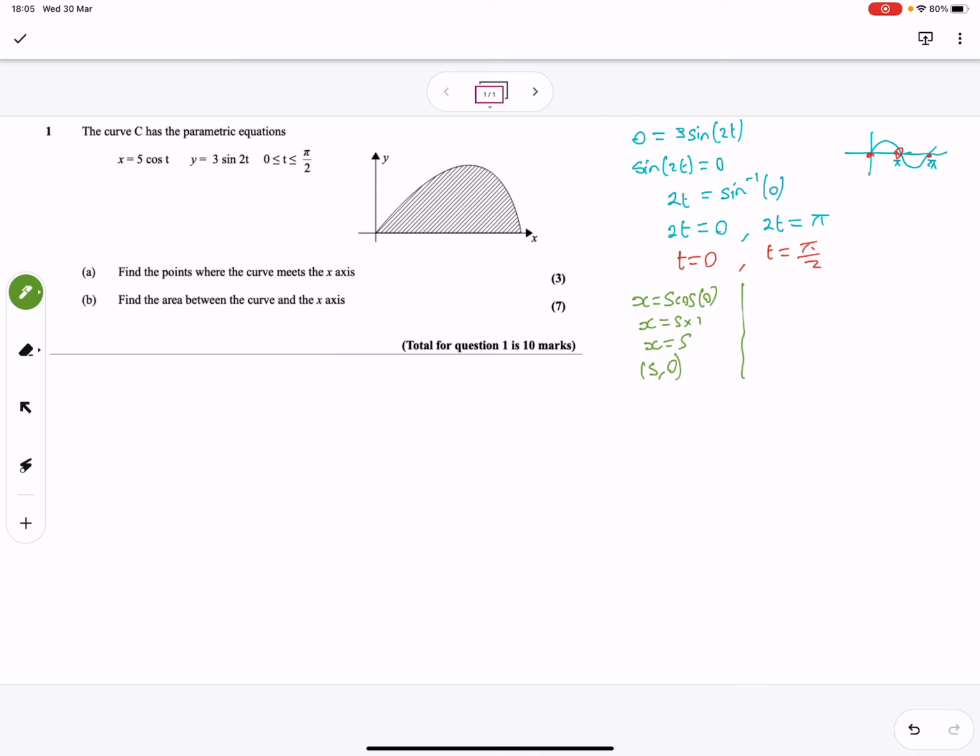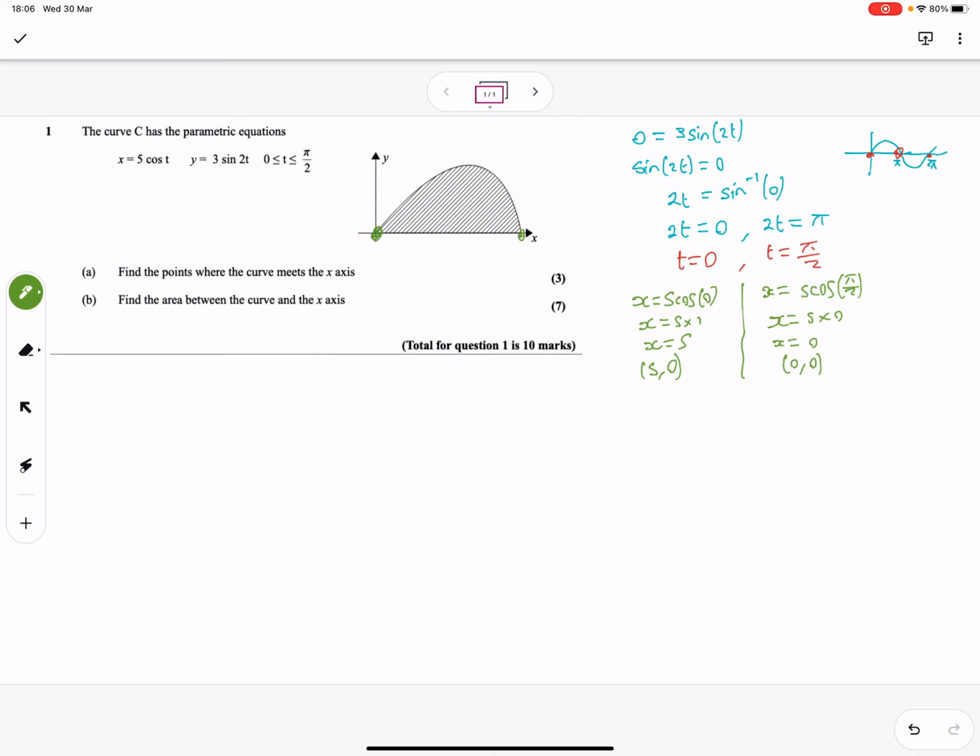For the other one, we have x equals 5 cos of pi over 2, and x is equal to 5 times 0, because cos pi over 2 is equal to 0. Remember, this is in radians. So the other coordinate is 0, 0, which makes sense because in the diagram we can see it touches the x-axis here and here.